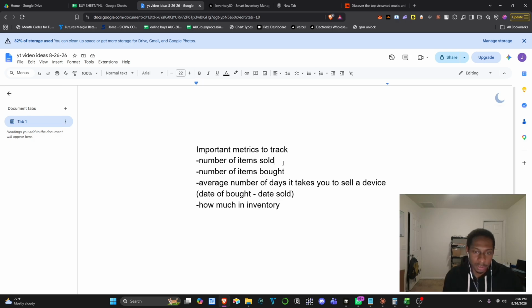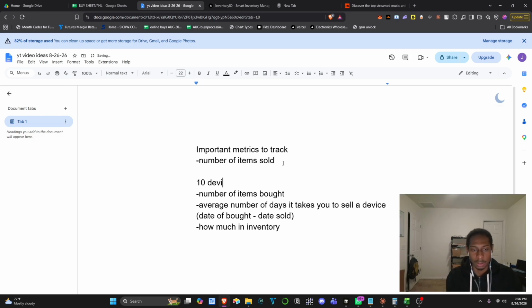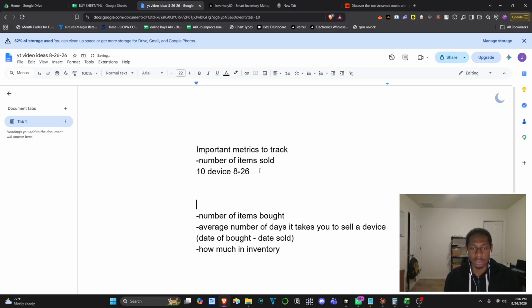If you sold 10 devices today, 8-26, then you're going to have to know your revenue, because that's where all your revenue is coming from, the devices that you sell. So number of devices sold is extremely important.